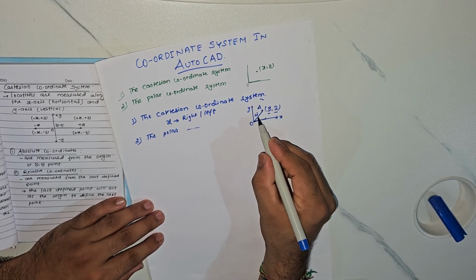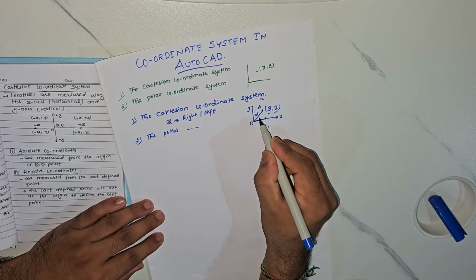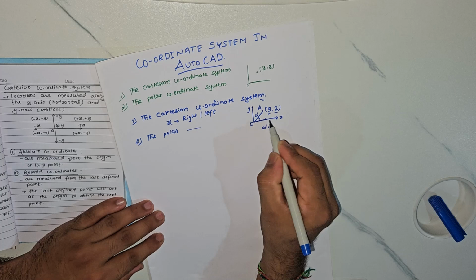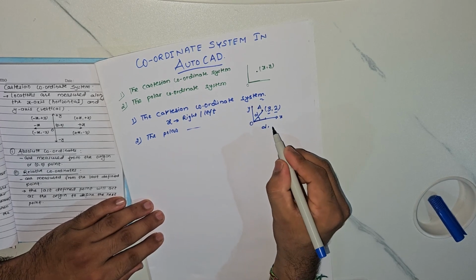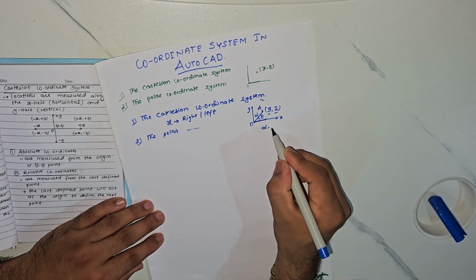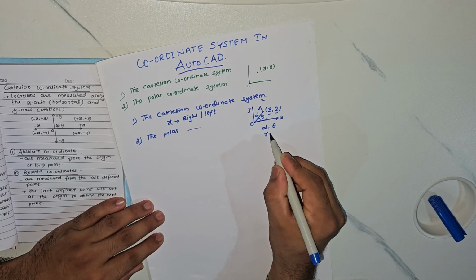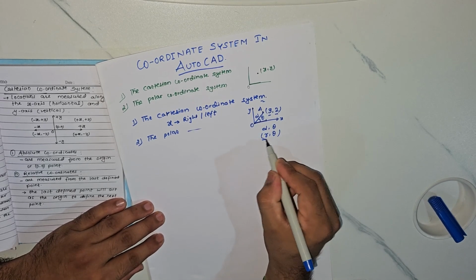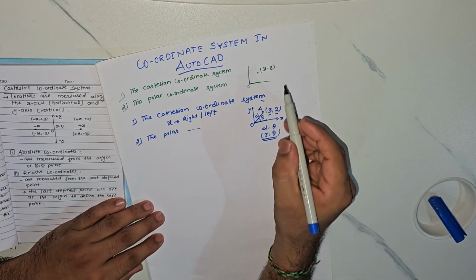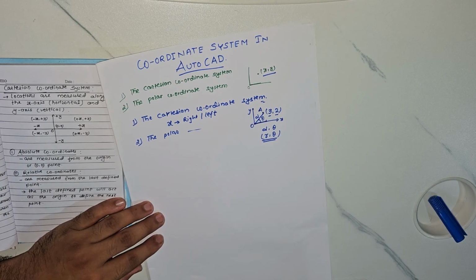What will be used is this distance D and the angle that it is making with x. So we are using this D and this theta, generally we call it r theta. So this is the polar coordinate system, r theta, and in the Cartesian coordinate system we have x, y.